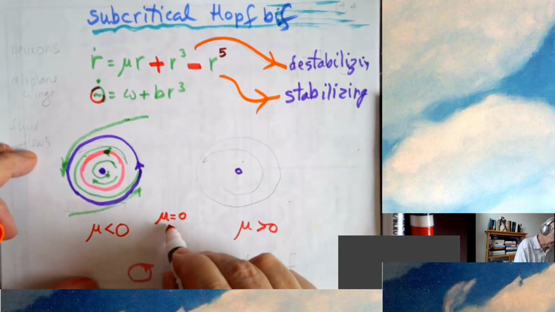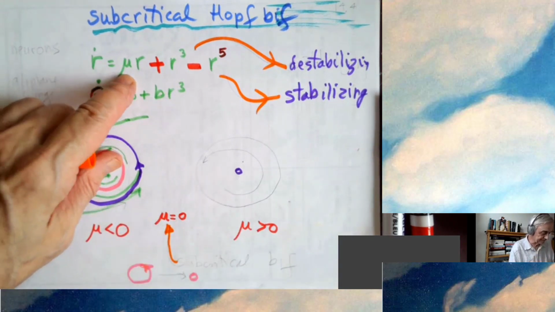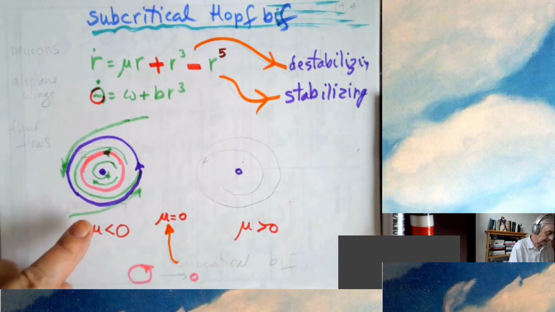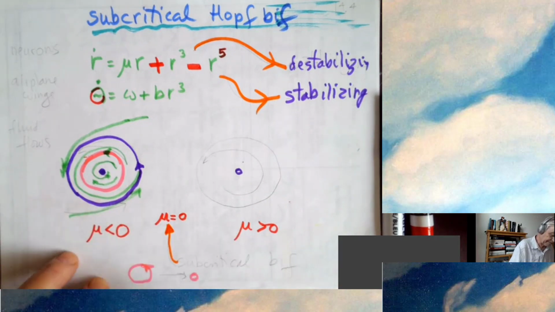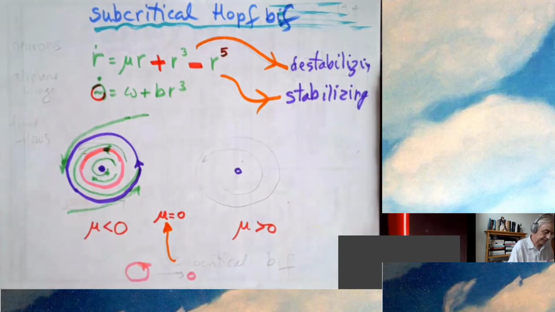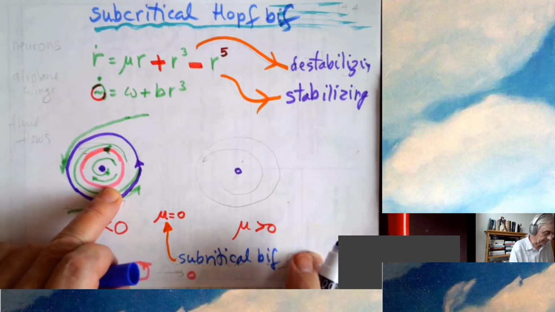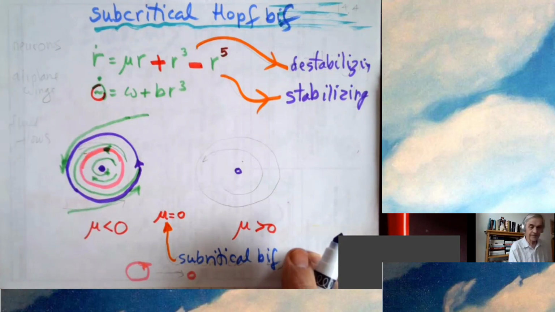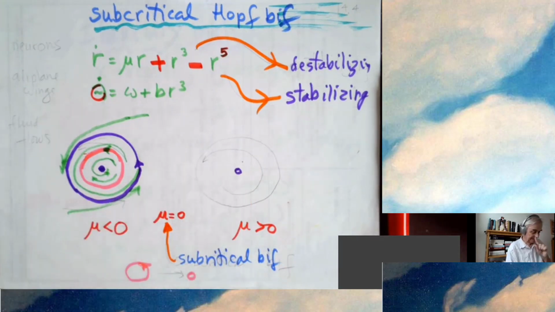As mu decreases, this gets to be less and less repelling. And what that sort of does is it scrunches the whole thing. And at mu equals 0, this unstable cycle merges together with the stable equilibrium and creates an unstable fixed point.